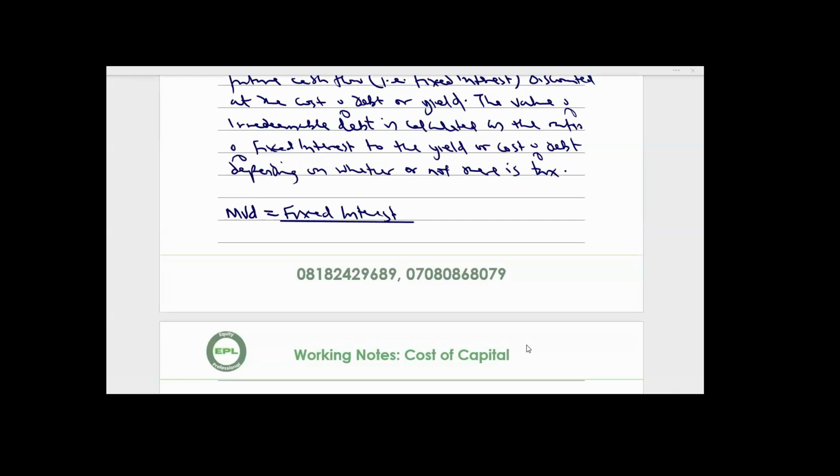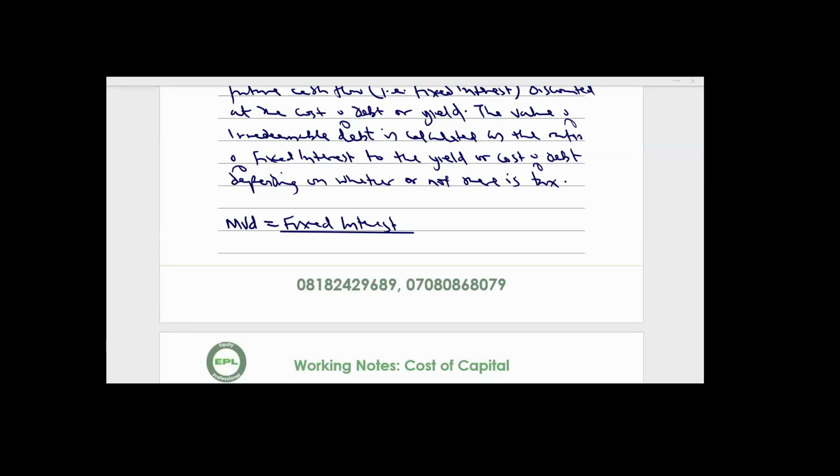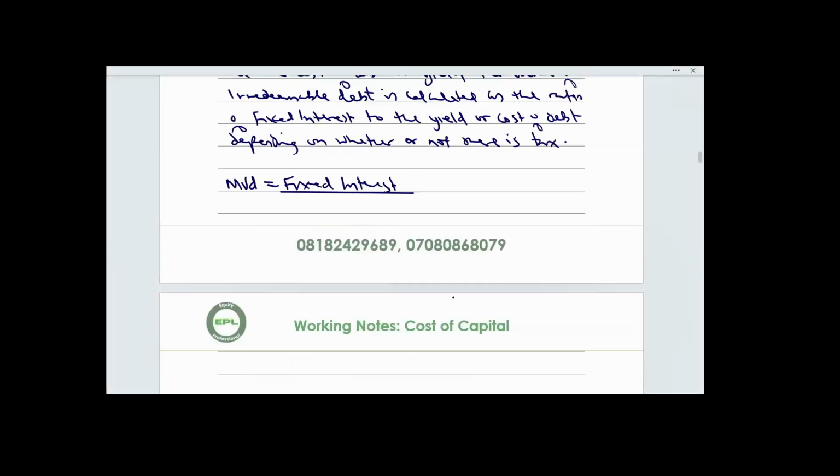So that 11% is the coupon rate attached to the nominal value of 5 million naira. The yield is 8%. Since there is no tax, the market value of this debenture will be equal to 11 divided by 0.8, divided by the yield.